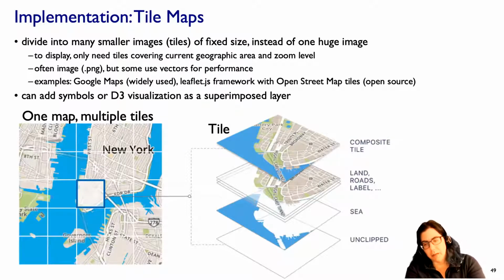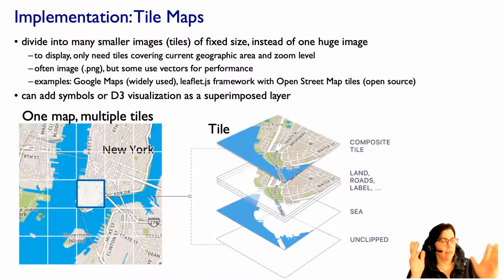Now, let me also mention an implementation issue, although we've been mostly high level in this lecture. This one is worth talking about, this idea of a tile map. So in a tile map, the idea is that instead of saying, all right, here's my map, it's one big giant picture, you're actually going to divide a map up into many much smaller images. These are the things we call tiles that are of fixed size.